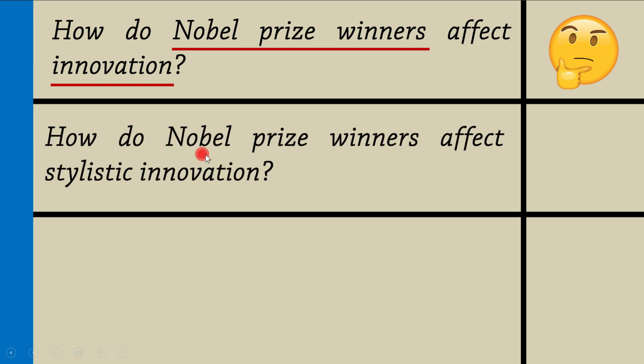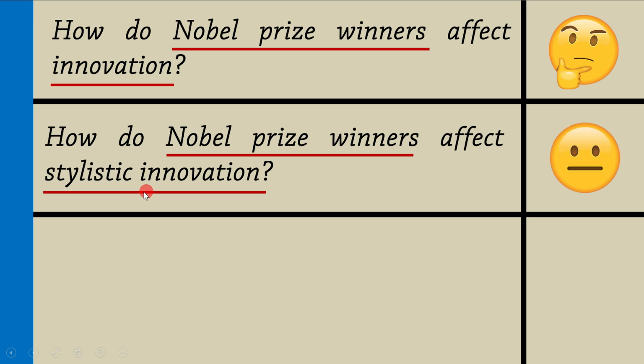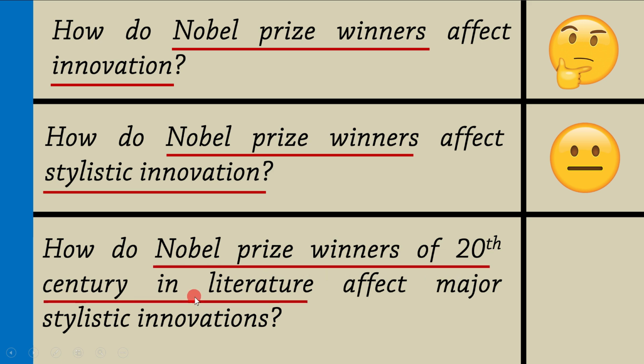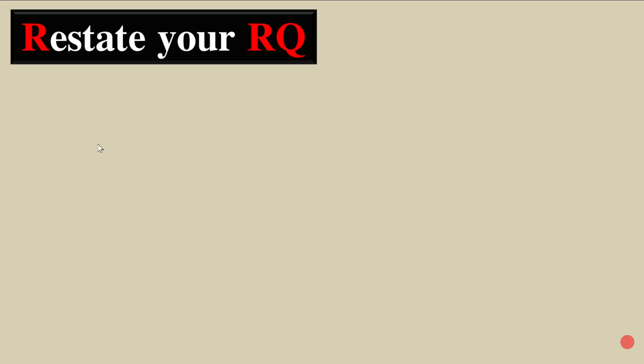How do Nobel Prize winners, still the same, affect stylistic innovation? Stylistic innovation may be in art, literature. Still, I have more questions. Let's give more focus. How do Nobel Prize winners of the 20th century in literature, good, so it's not in physics, it's in literature, affect major stylistic innovation? That's all. So it's a good research question now.